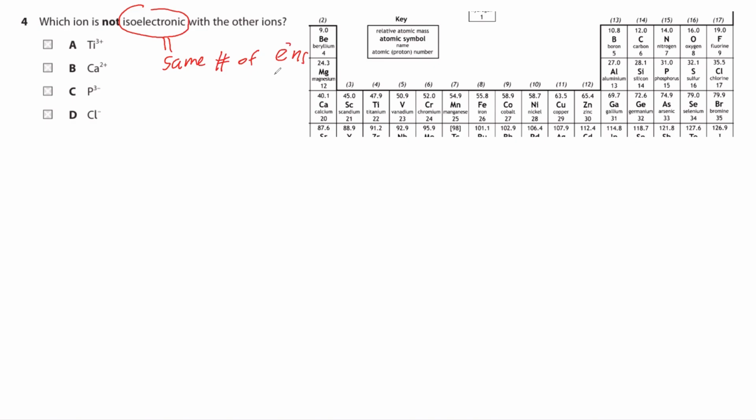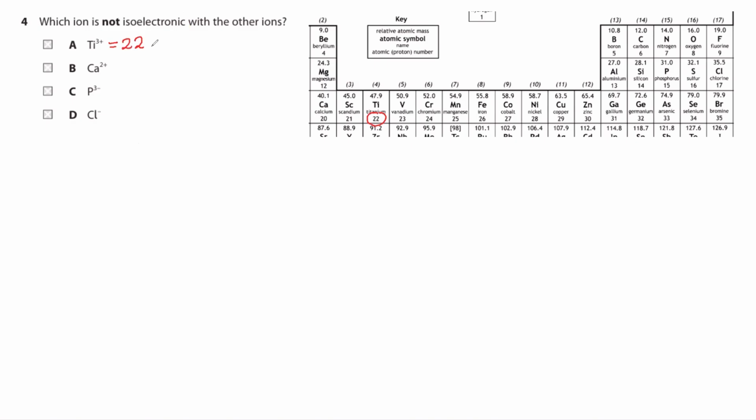So we have to find the number of electrons each species has. First we'll think about their neutral atom. If you take a neutral atom of titanium, its atomic number is equal to the number of electrons. So titanium is atomic number 22.